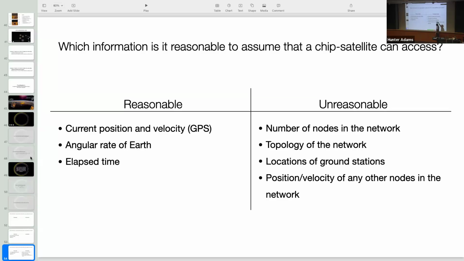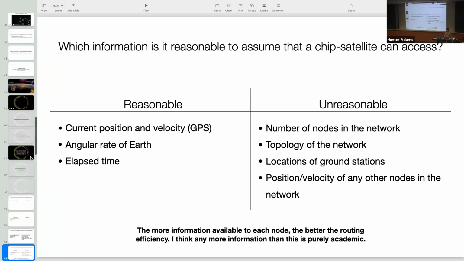I could imagine situations where they might actually know this information, but for purposes of this exercise, I assumed that they did not know the locations of the ground station. That is to say, you could walk out into your backyard anywhere on Earth and pop up a ground station, and I want a routing policy that gets the information to you, wherever you may be, in a very efficient way. And I assume that they don't know the position of any other nodes in the network, again, because it doesn't scale, right? So they only know about themselves, really.